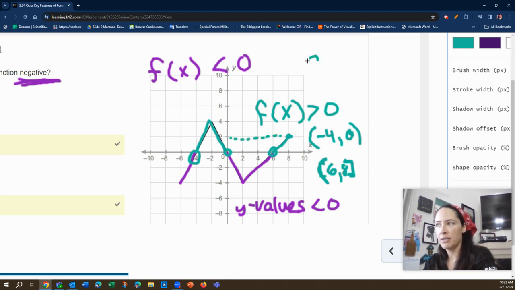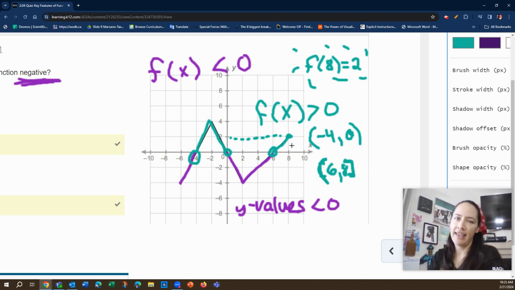Graphically, we'd say f of 8 equals 2. That's just thinking about how to read graphs. f of 8 equals 2, because the x value is the input, the y value is the output. So you'd plug in the x to get the function to equal the y.